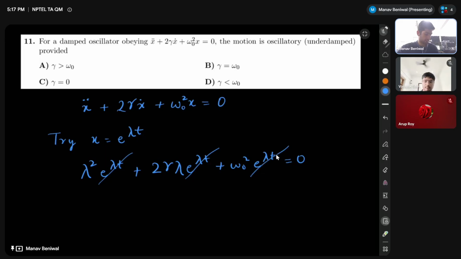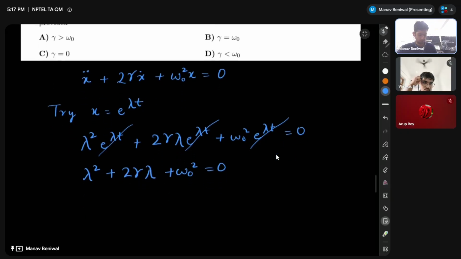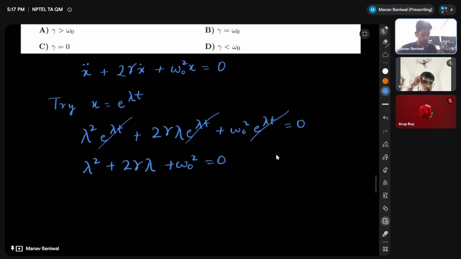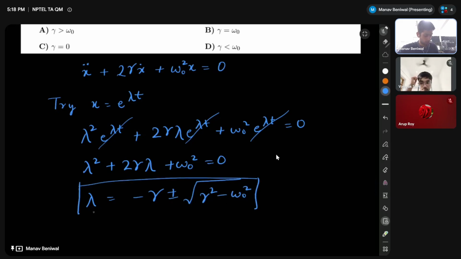I can cancel out this e to the power lambda t, and the equation that I get is lambda squared plus 2 gamma lambda plus omega naught squared equals 0. And this is a quadratic equation, right? Solving it, I'll get two solutions, which will be minus gamma plus minus under root gamma squared minus omega naught squared. So I get these two values of lambda.